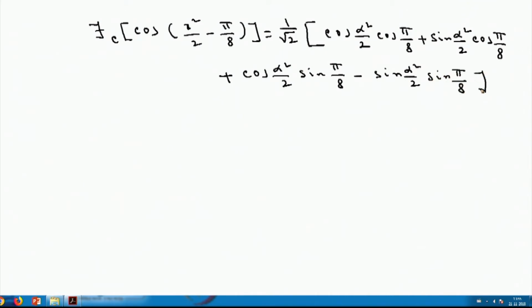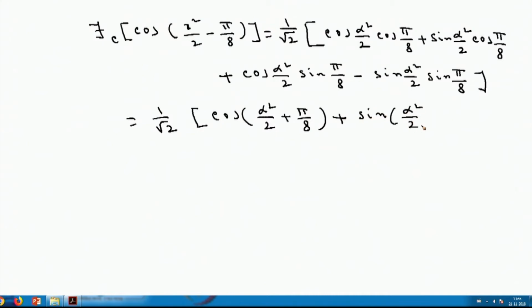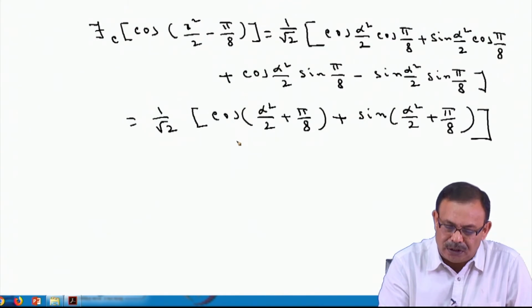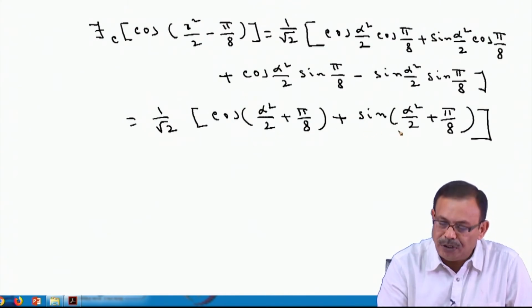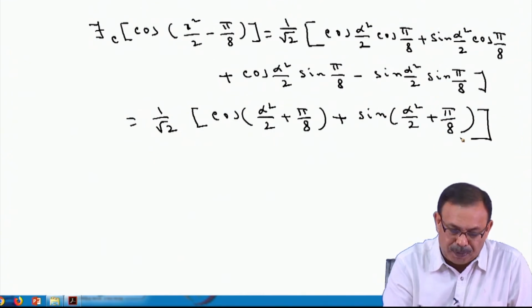So, this equals, using trigonometric properties, I can write it simply cos of alpha square by 2 plus pi by 8, and the other term I can write down plus sin of alpha square by 2 plus pi by 8. Keeping the terms together, this expression, first line I can write it in the form of cos of alpha square by 2 plus pi by 8 plus sin of alpha square by 2 plus pi by 8.